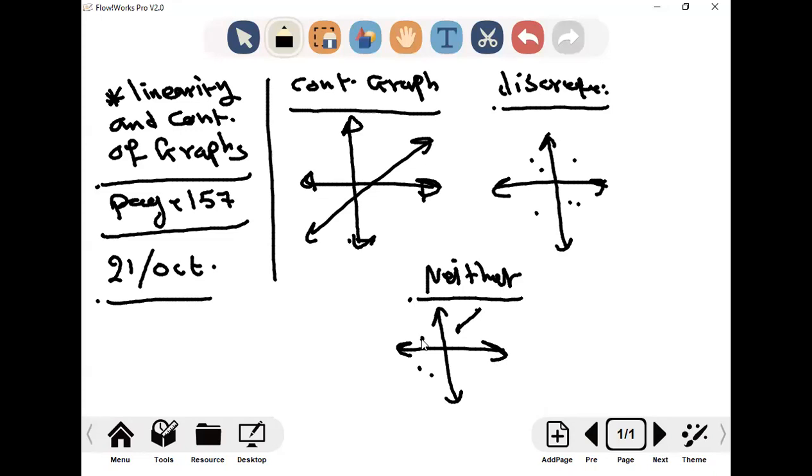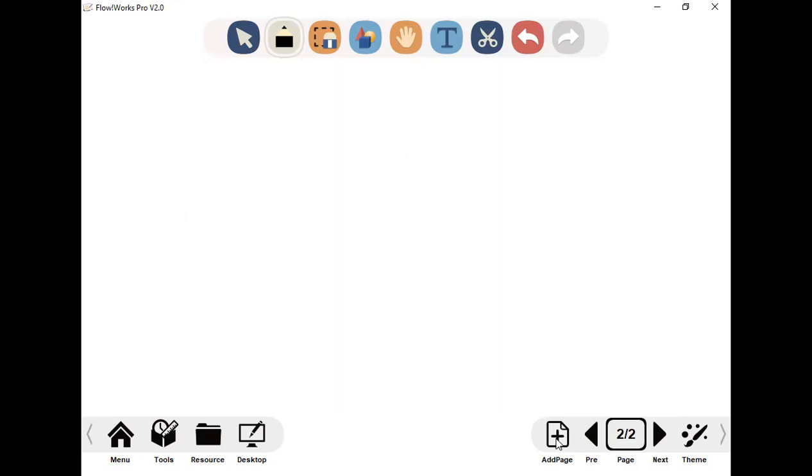Now, we will continue in the idea of the linearity. Our idea here is if I give you any equation or function, you need to know if it's linear or not linear. Now, I will write for you a table to know the names of the functions.